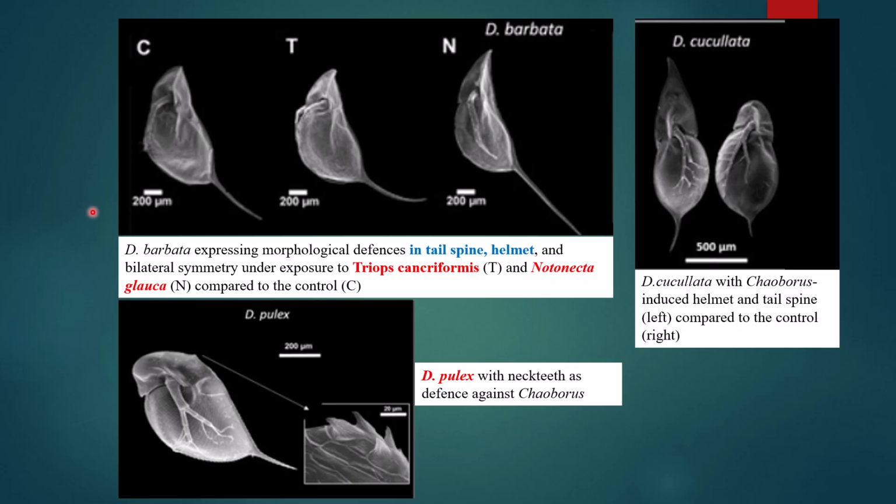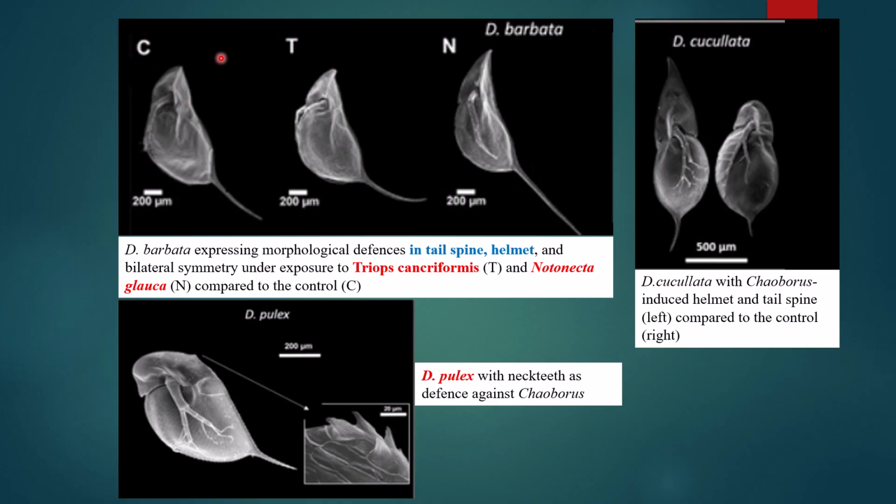So this has come from a research paper from, I think, 2019, where it has been observed that the major factor responsible for the production of these different exuberances are the predators. And here, the effect of different types of predators has been studied on Daphnia barbata.